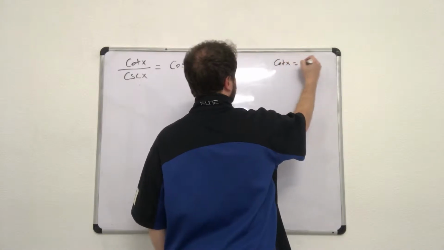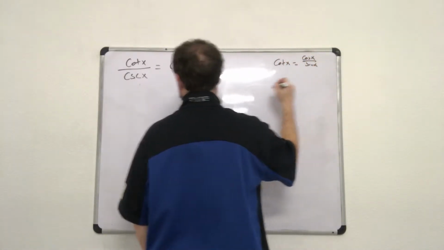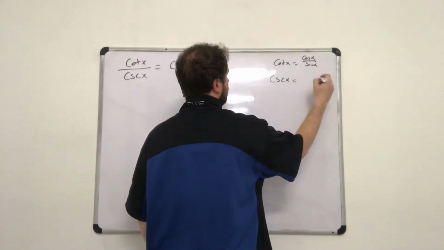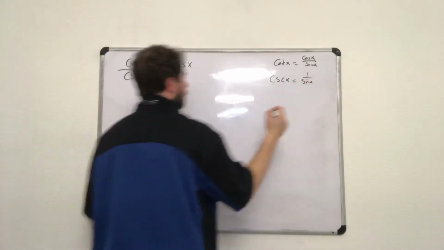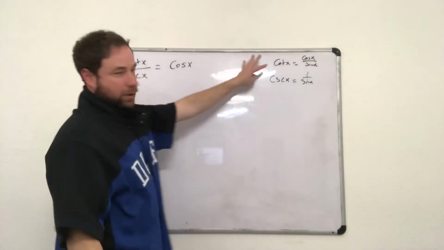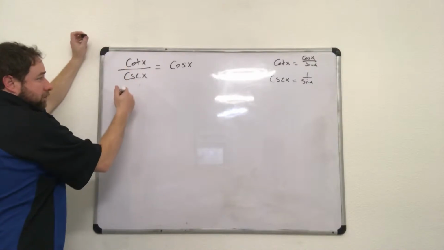Cotangent x is equal to cosine x over sine x, and then cosecant x is equal to 1 over sine x. Okay, so right here, cotangent x, these are just things you would have written on your formula page. And then you would substitute these.